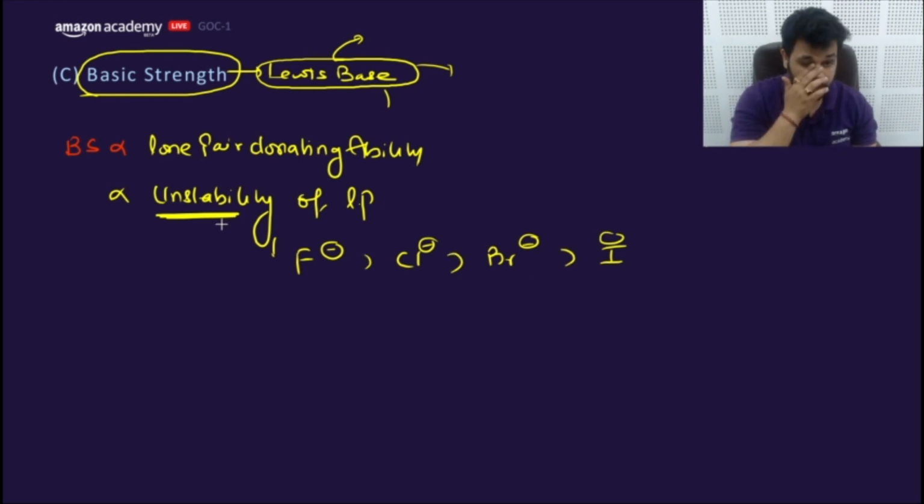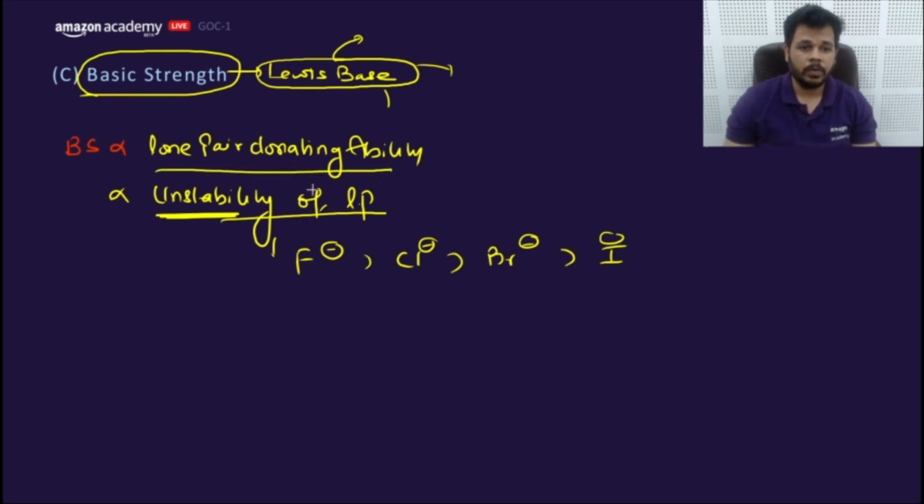Very importantly, instability of lone pair, donating ability, is directly proportional to what? If I want to donate, some electron donating group should be present on me. Directly proportional to plus I, that means electron donating group. Inversely proportional to what? Electron withdrawing group.